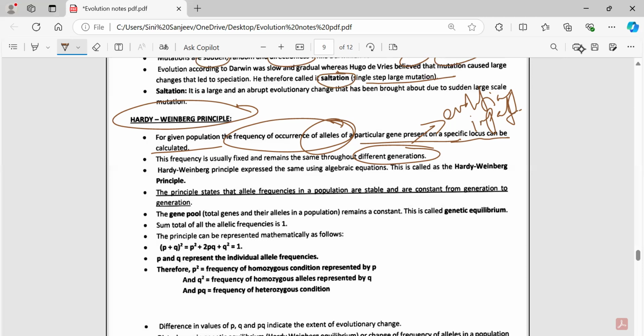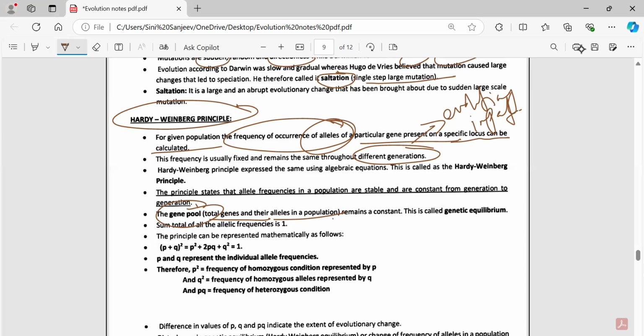So to justify that, there are certain terms. The first one is the gene pool. What is gene pool? Gene pool means the total number of genes and their alleles present in a population.